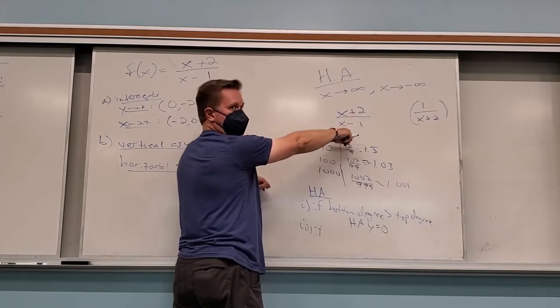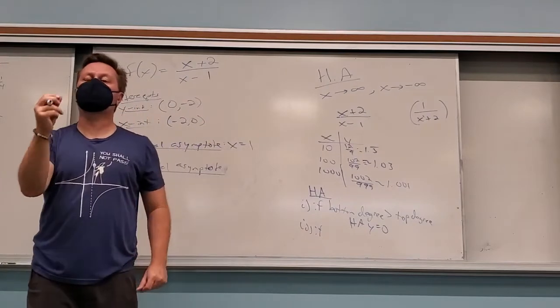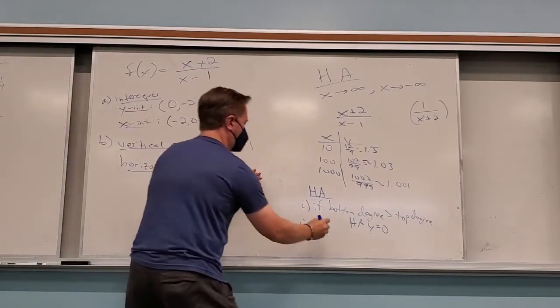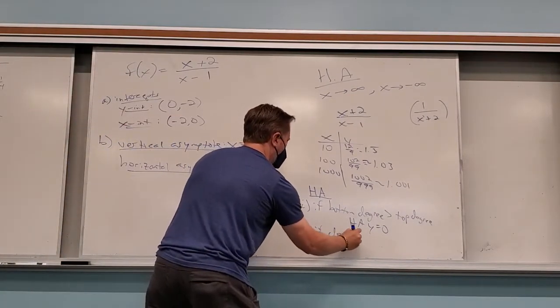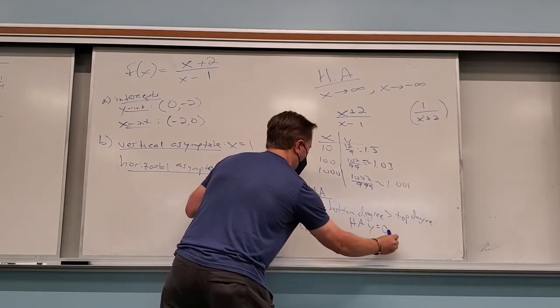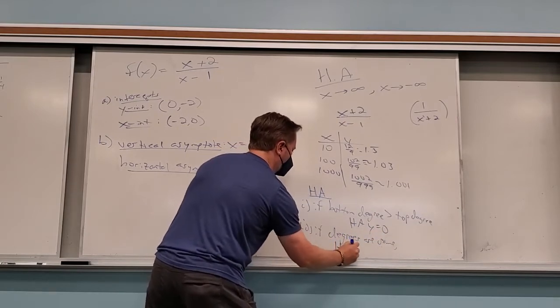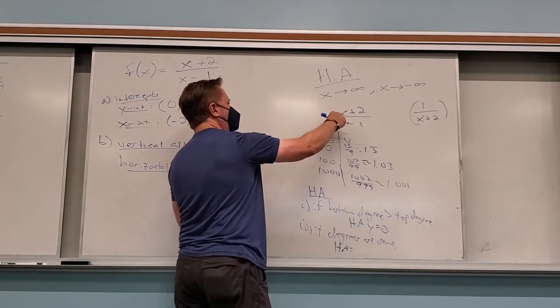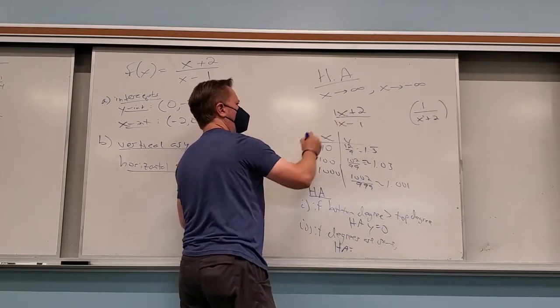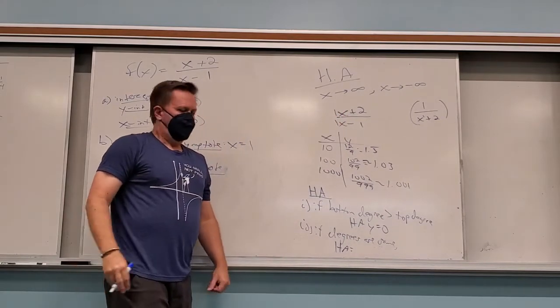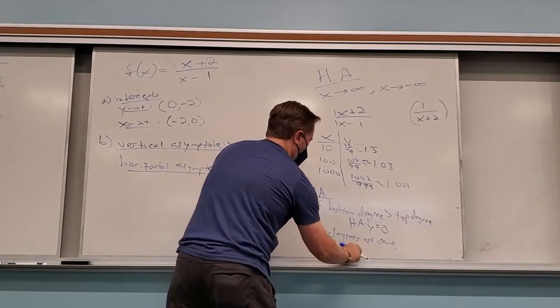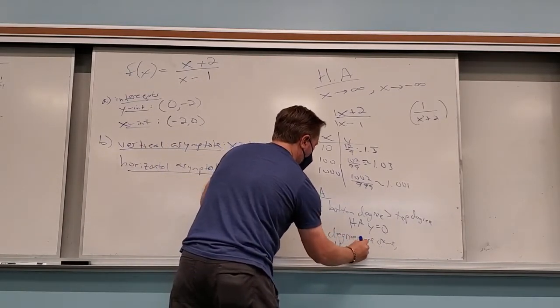What's the degree at the bottom? First. So they're the same. If the degrees are the same, then the horizontal asymptote equals the ratio of the leading coefficients, 1 to 1 in this case. The ratio of the leading coefficients.